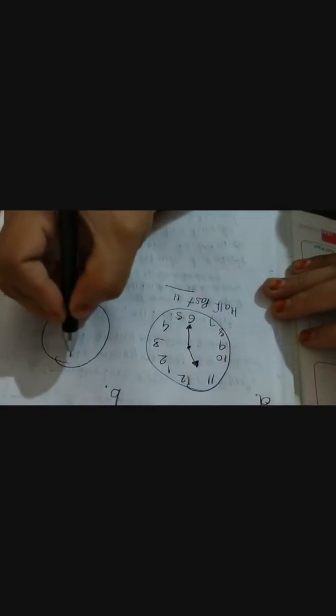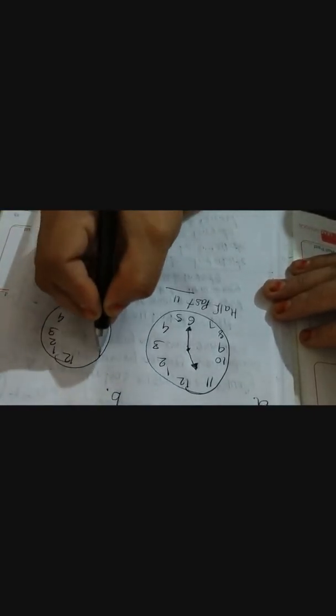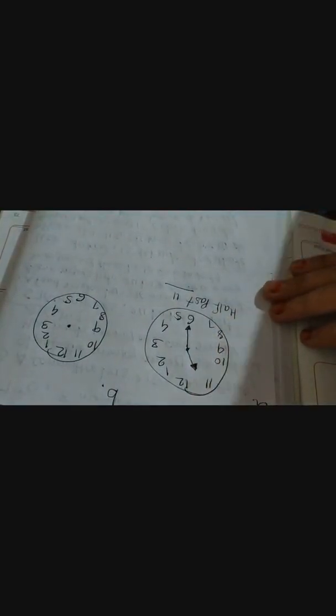B1 question, I'll write it here. Here is one clock. In that clock, 12, 6, 3, 9, 1, 2, 4, 5, 7, 8, 10, 11. Then we have to put one mark here.